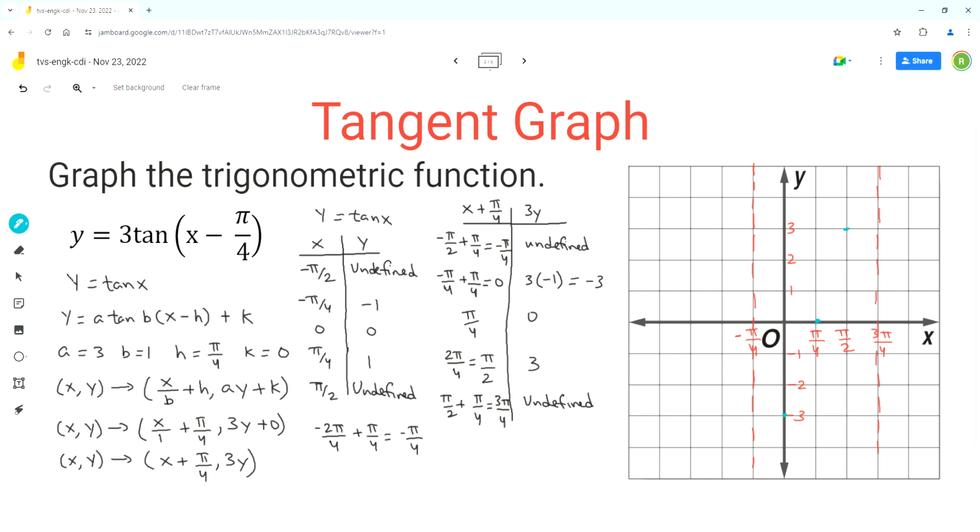So we can show the curve like this. So this can be the graph for this transformed tangent function.